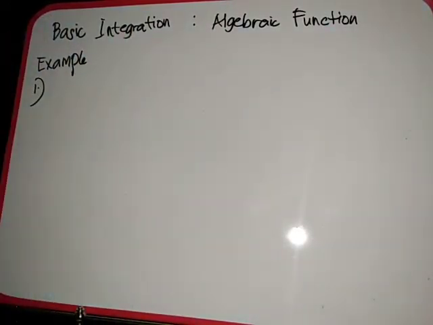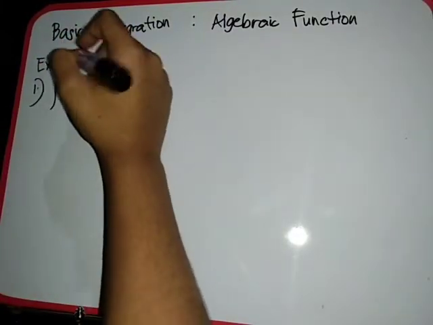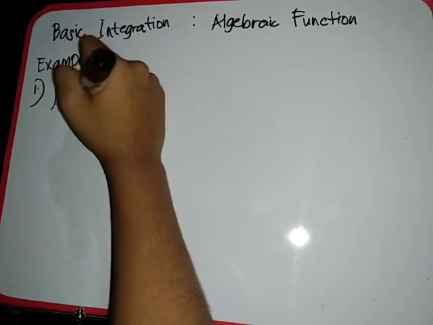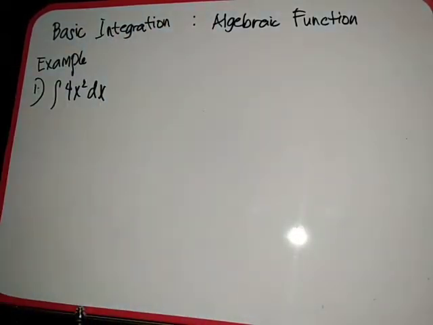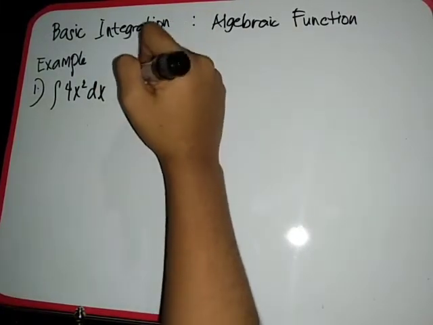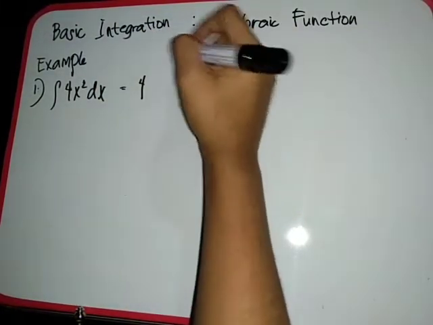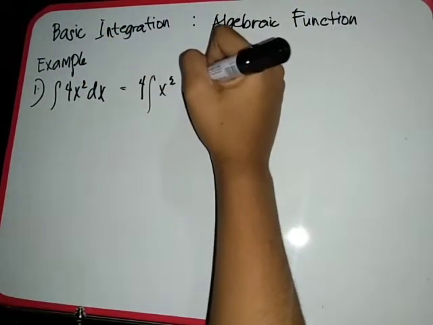Example 1 is the integral of 4x squared dx. So first thing we do is to take out the constant number, that is the 4, then copy the integral x squared dx.